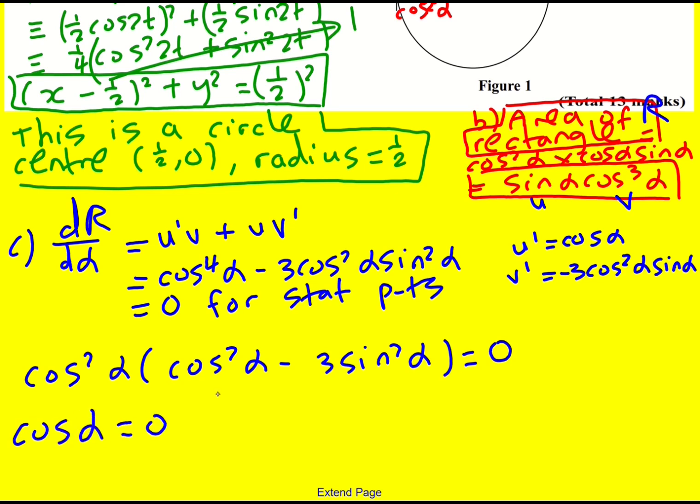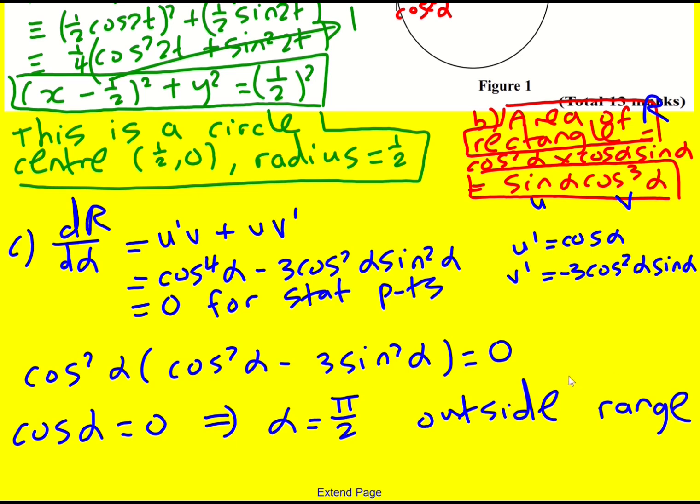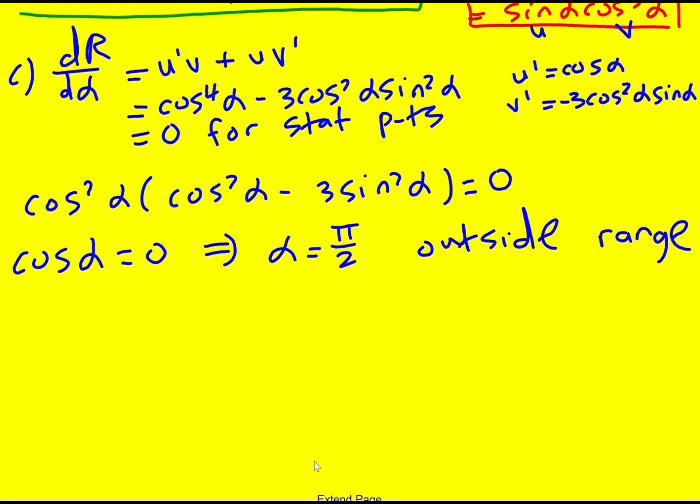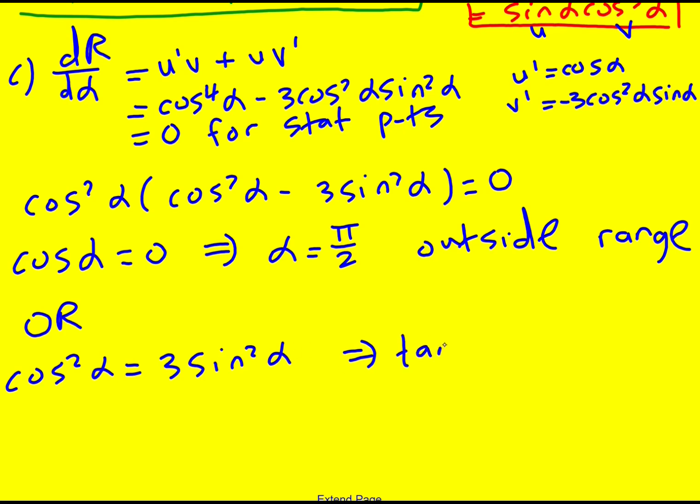minus 3 sine squared alpha is going to equal 0. Cos alpha equals 0 implies alpha is going to be pi over 2, but this is outside our range because remember it has to be strictly less than pi over 2. So that would in theory be a minimum if we did allow pi over 2. So we can now look at cos squared alpha equaling 3 sine squared alpha, which we can rearrange to give sine squared over cos squared as a third, or tan squared alpha is a third.